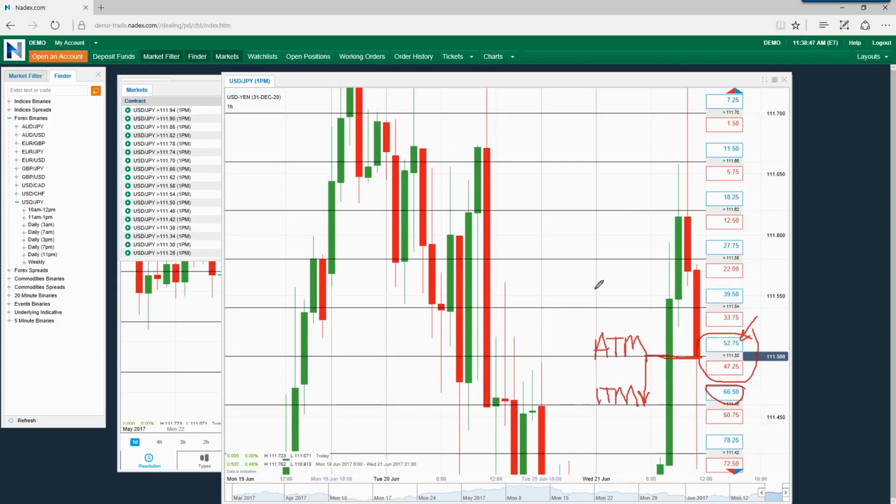Okay. And then your out of the money would be 1 full strike above it. Okay, so this is 1 full strike above. And notice that the risk on that one is 40.75. Does everybody understand that?